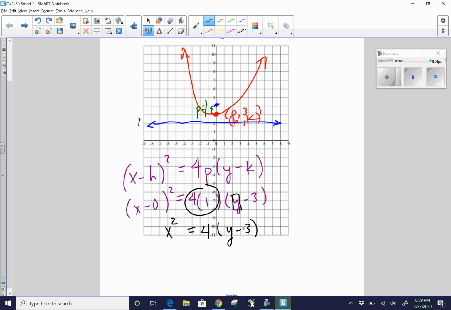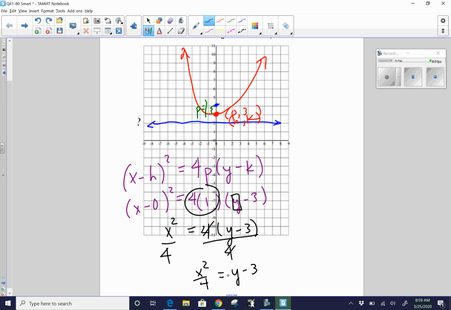All right, so here's why I would not distribute this. Because the goal, remember, is to get the y by itself, right? So the y is housed in these parentheses. So how you get rid of that is you get rid of this 4. And the way we get rid of the 4 is by dividing by 4, which Andy mentioned yesterday during the live review session. So we have x squared over 4 is equal to y minus 3.